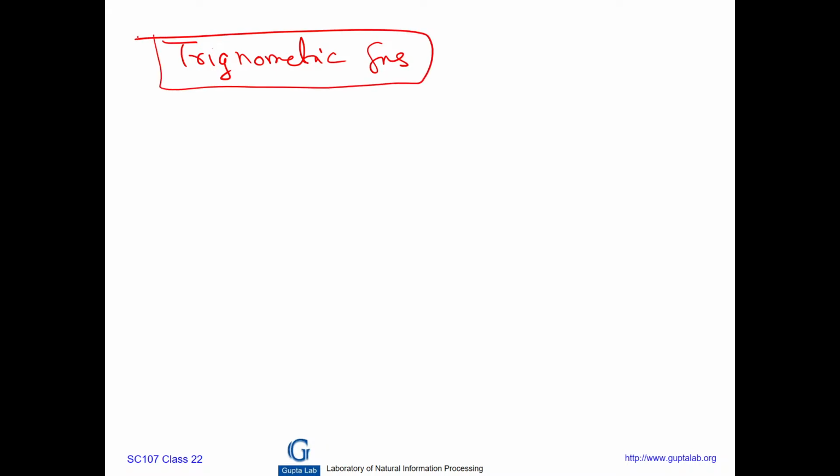Anyway, now we can define certain trigonometric functions. We know that sin x is equal to e raised to power ix minus e raised to power minus ix divided by 2i.